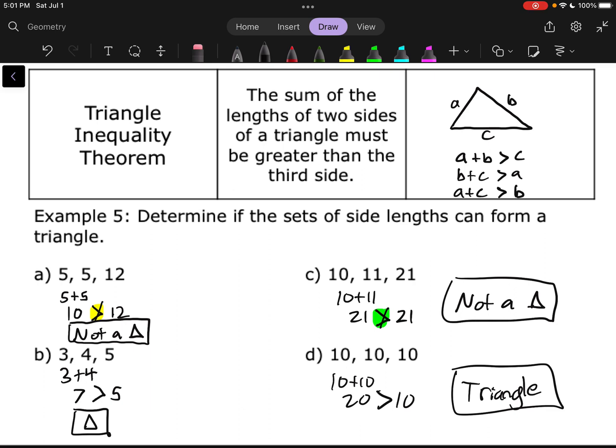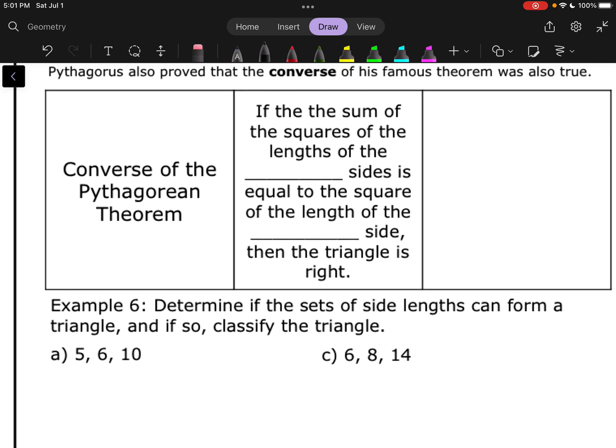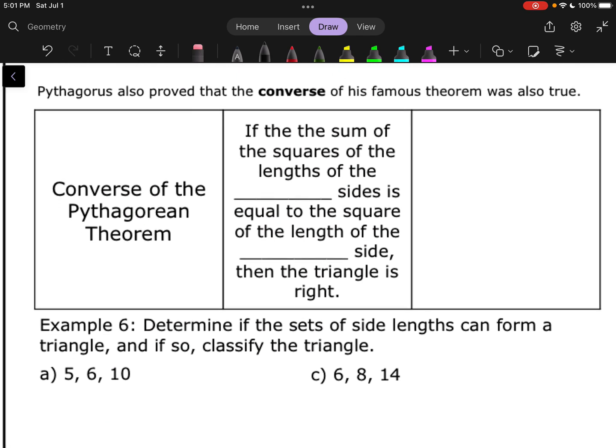Okay, last bit here. So this is the converse of the Pythagorean theorem. It says Pythagoras also proved that the converse of his famous theorem was also true.